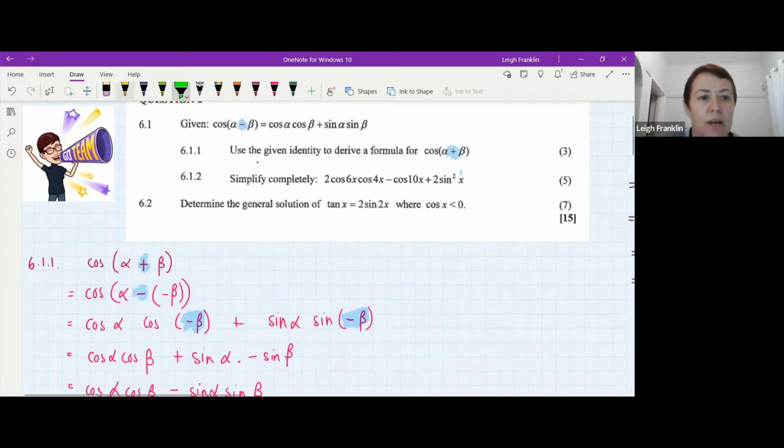Sorry, let me just use a different color here. So that it's the same rule as this one. And then I can just follow the process for that, which is exactly what we've done. So we've honored the fact that this was still a plus by keeping it as a negative negative. And then I've used this rule over here that I've highlighted in green in order to expand this row over here with the green next to it. Okay, so this is just expanding.